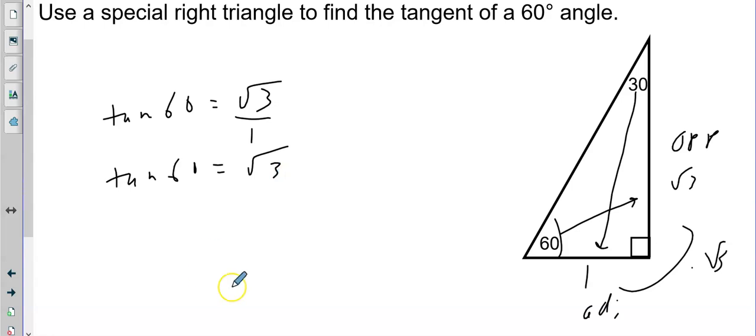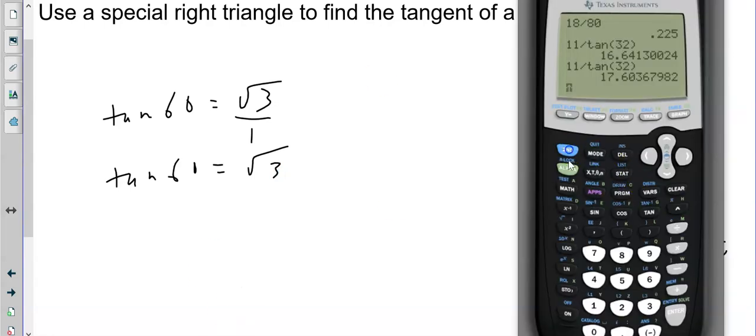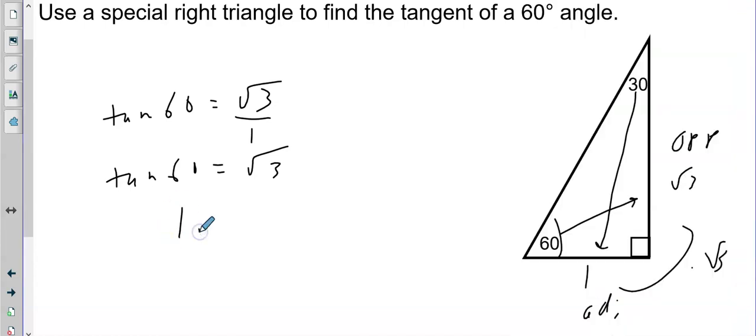And if we do square root of 3 on our calculator, we get 1.7321. Now here's the thing. If we would have put a 2 in here, then this would have been 2 radical 3. The math would have still worked out the same. We would have ended up with this answer right here.